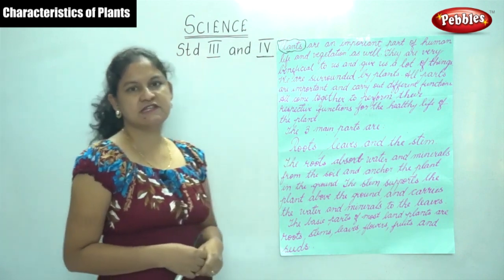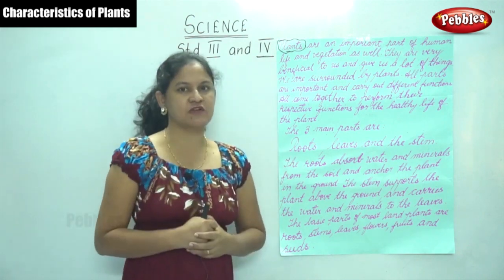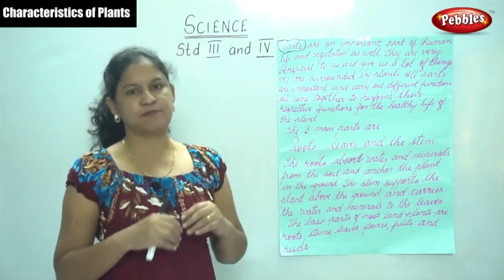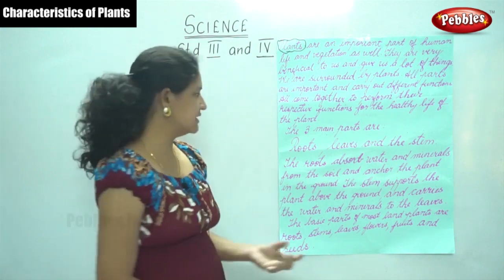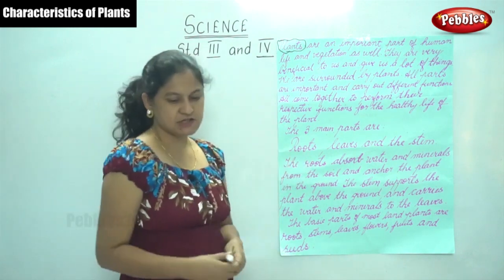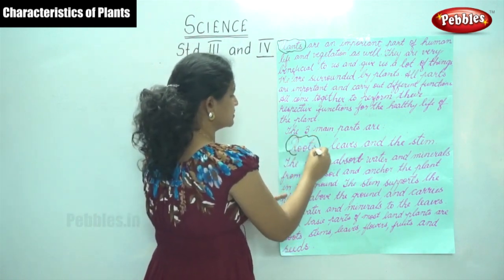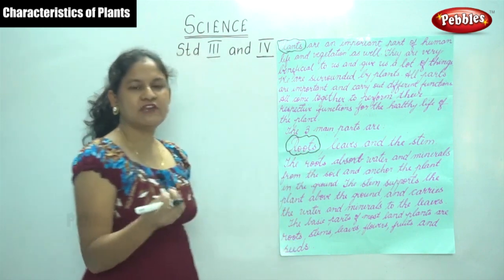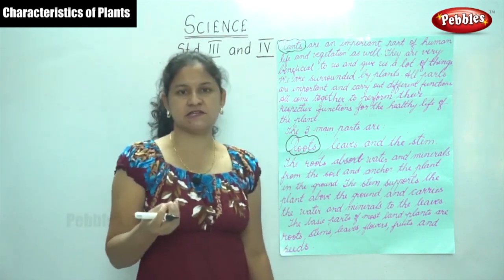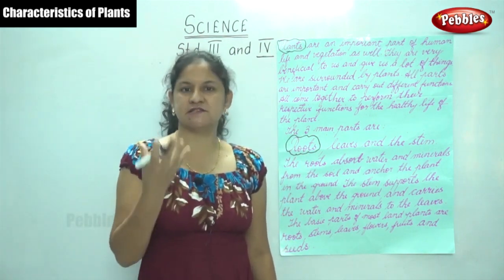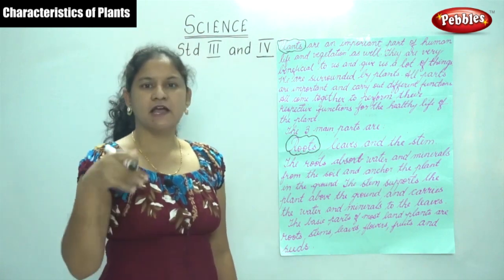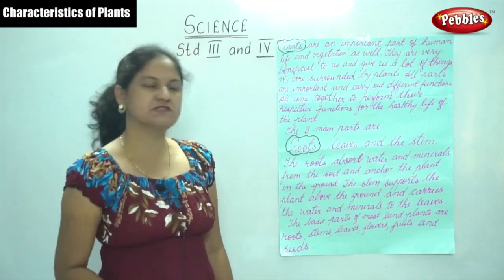Then we are going to see the three main parts of the plant. If you consider a plant, there are three main parts. The first is the roots, because when you plant a seed, the first thing that arises is its roots, because it binds the plant to the soil.